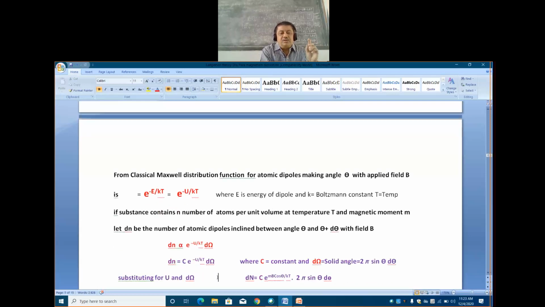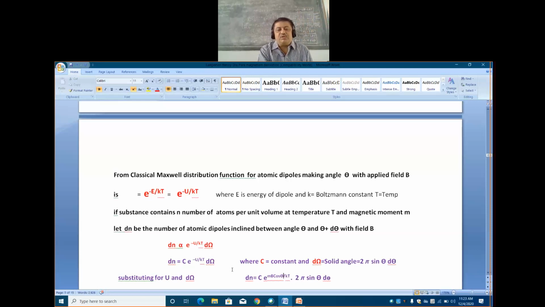Next, the step for d omega and U. You know that U is minus mb cos theta, from our earlier expression, and d omega is 2 pi sin theta d theta. If you substitute these two, dn, which should be small n, becomes c times e, where there is actually a minus U and mb cos theta is also minus.